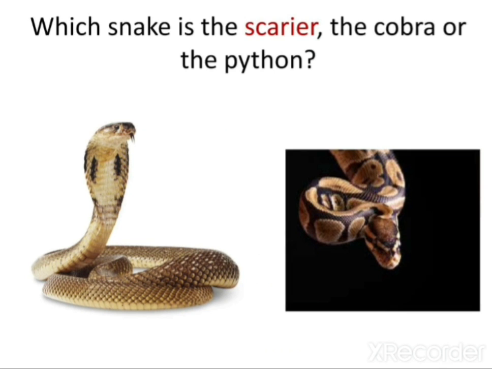So I want your point of view, which snake is scarier, the cobra or the python? So if I am going to spell out the word scarier, scary ends with a Y. So we change the Y to I and we add ER. The cobra is really scary. So that's all about the comparative adjectives. Thank you so much for watching.